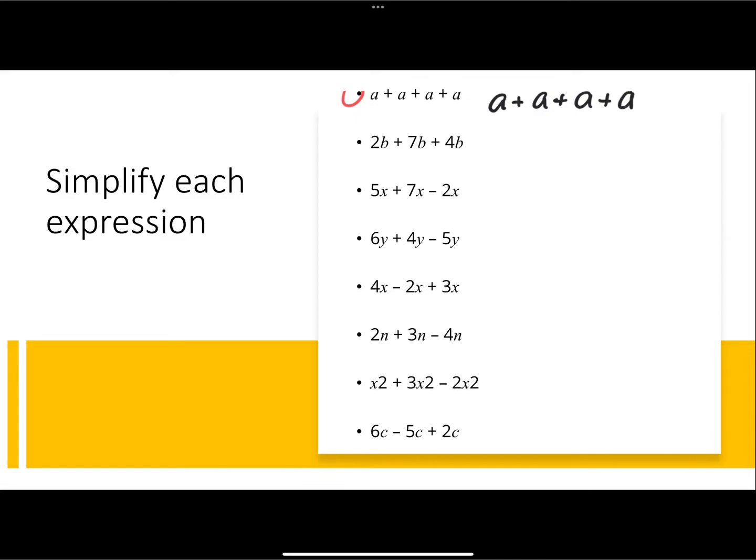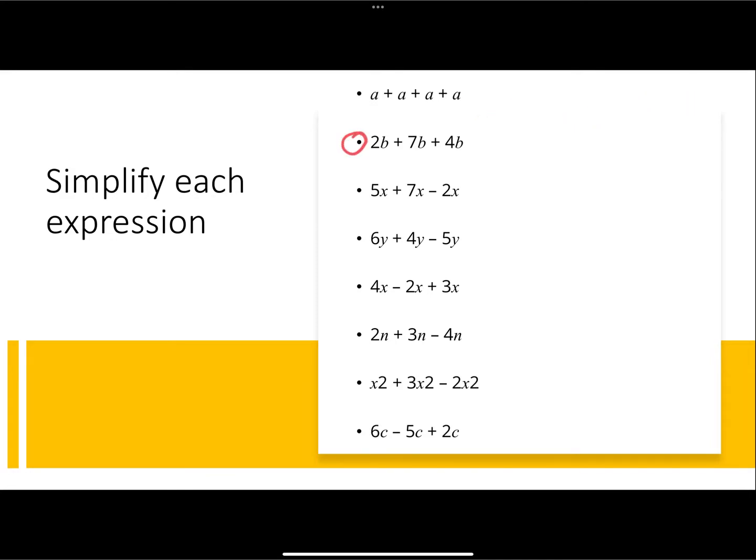I'm then going to put an equals here for this one. I know that this is a positive a out the front, and then I have all of these other positive a's. So that's 1, 2, 3, 4. I can see 4 there. A plus a plus a plus a. There are 4 of them, so there must be 4 lots of a. 4 a's.